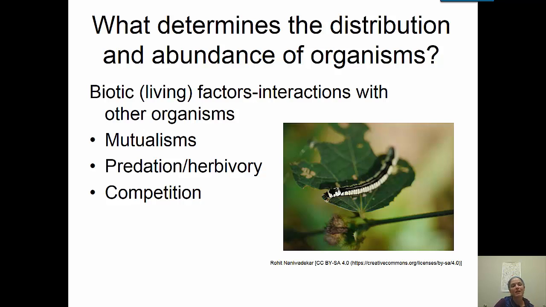So with plants, they can have competition for nutrients or competition for light, some of those essential things that they need to get out of a habitat in order to survive. If the competition is too strong, they might not be able to live in that particular place. So this is kind of the first layer of determining why we see a certain species living in a certain place, the abiotic factors and then the biotic factors.